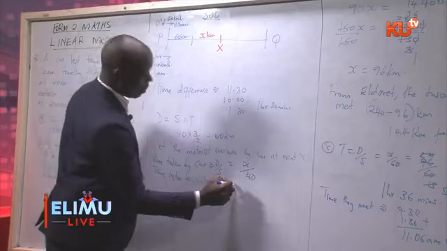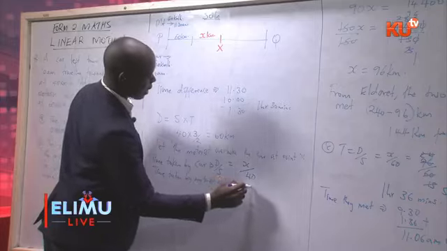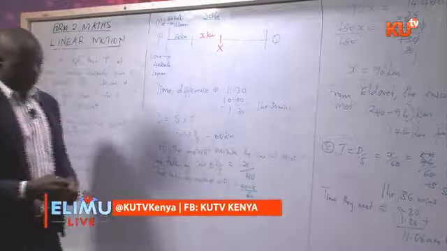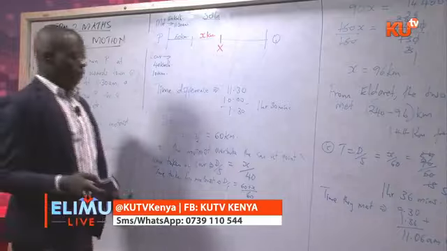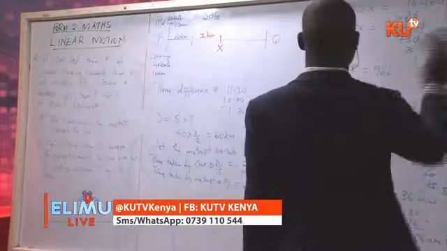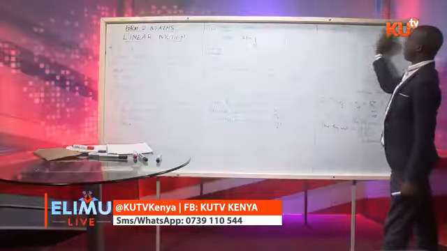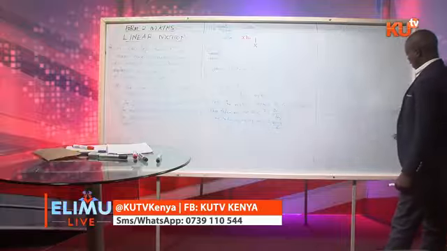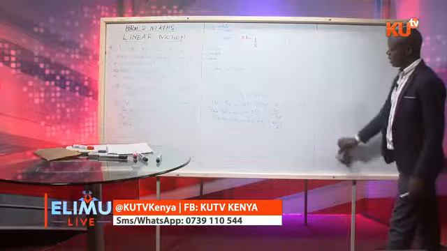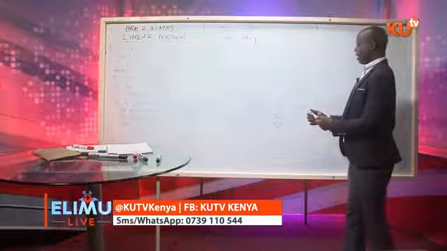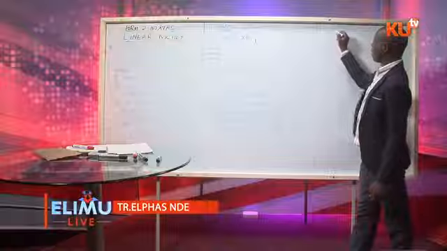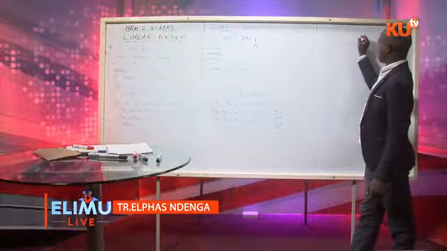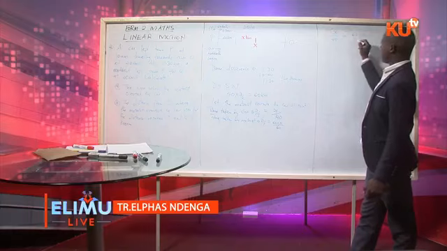The distance now will be 60 plus X over the speed, which is 60. If that is going to happen, then we will be very much sure that the motorist will manage to overtake the car at the point where this time is the same. So time being a constant factor here, X over 40 should be equal to 60 plus X over 60.